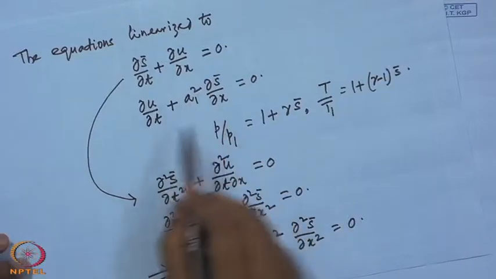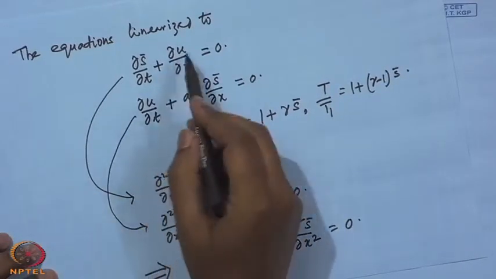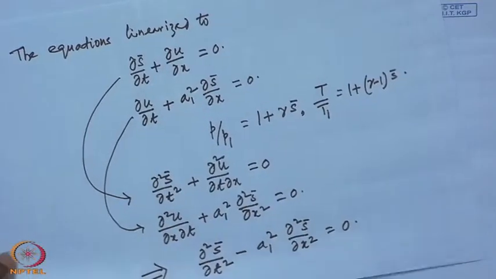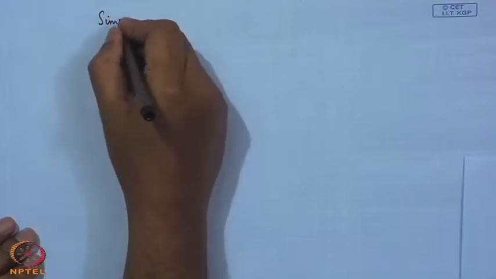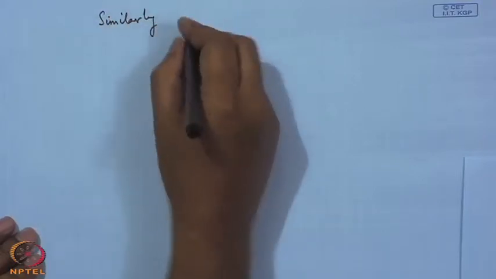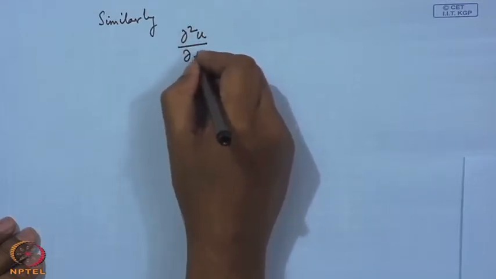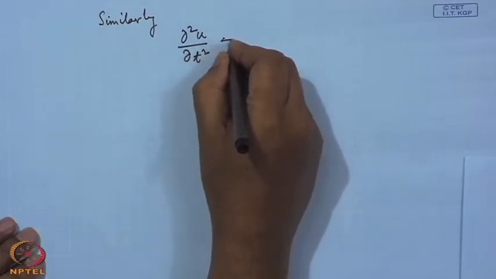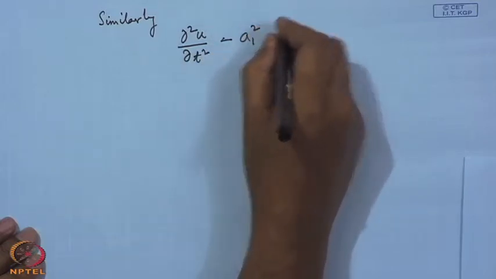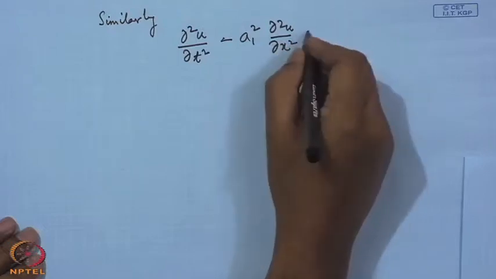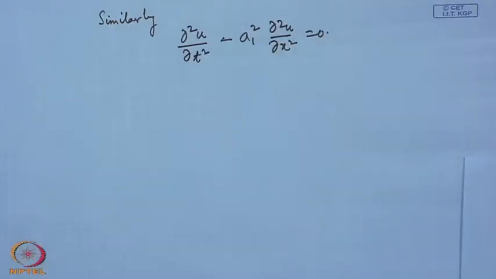Similarly, if we differentiate the continuity equation with respect to x and the Euler's equation with respect to t, we will get an equation in terms of the perturbation velocity, which is again, these are the well known wave equations.